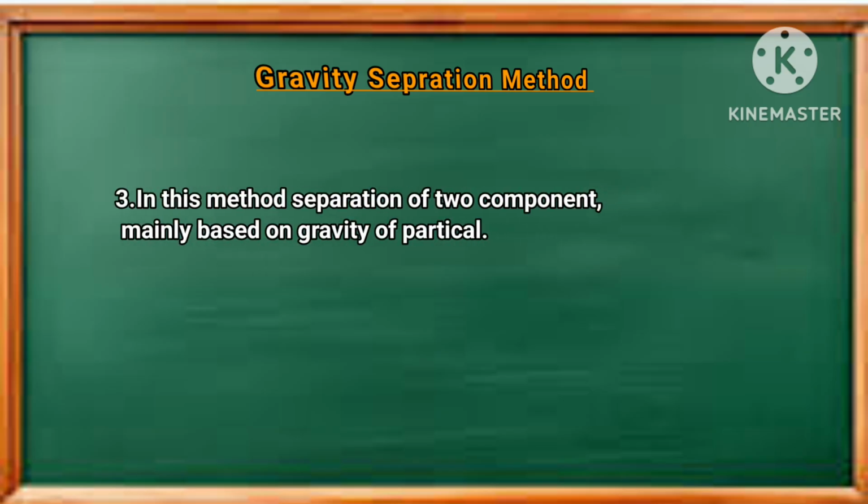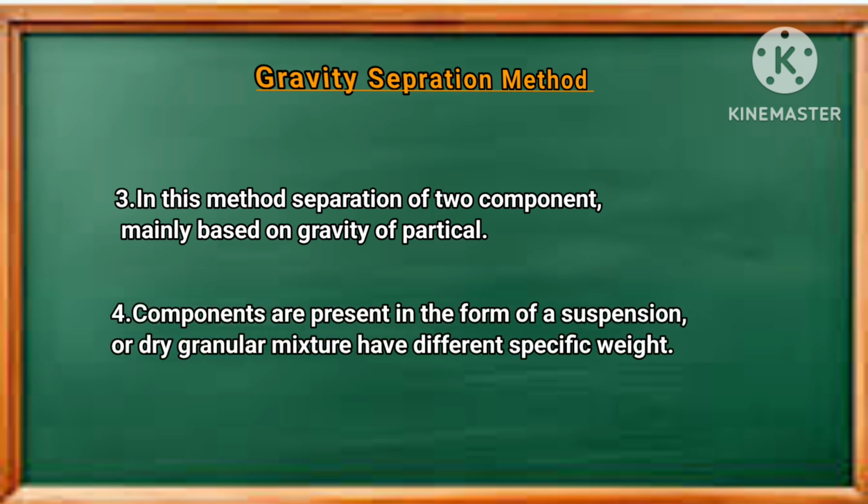Now the third point is that in the gravity separation method, the two components are separated mainly based on the gravity of the particle. We know that the gravity of each particle varies. So this method is based on the gravity of that particular particle.